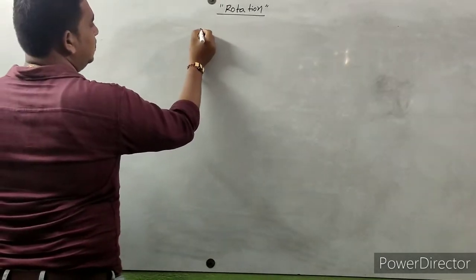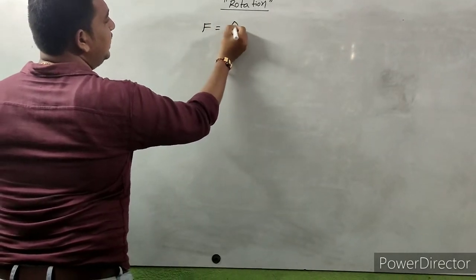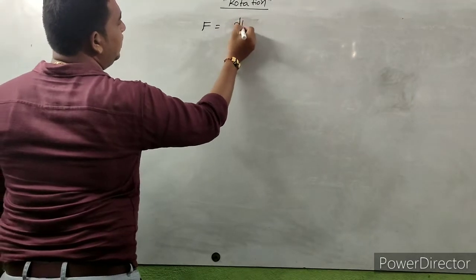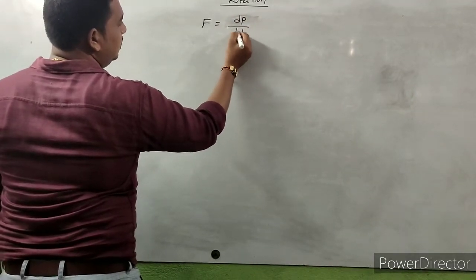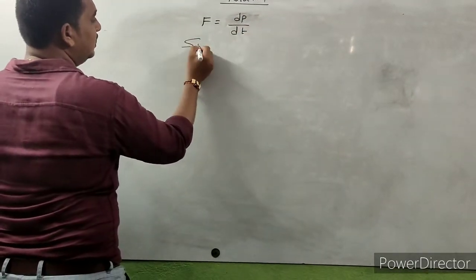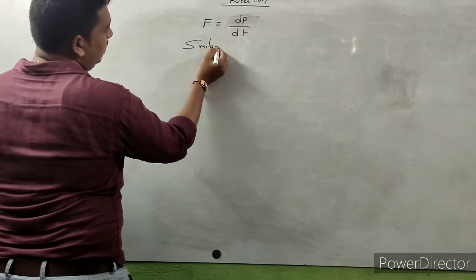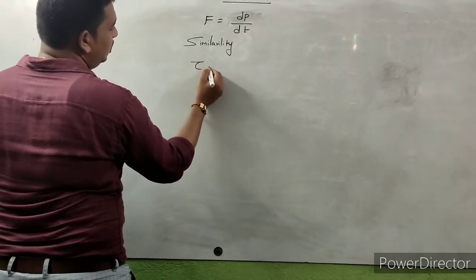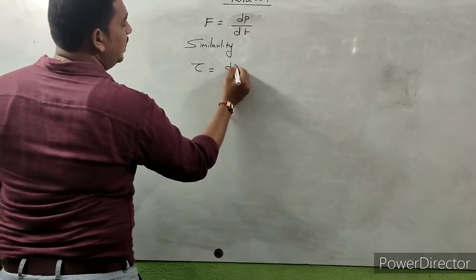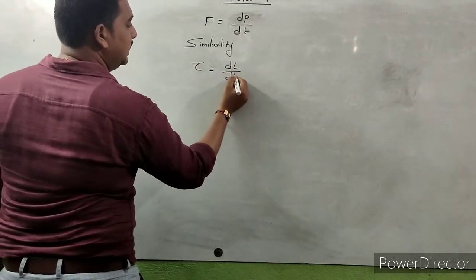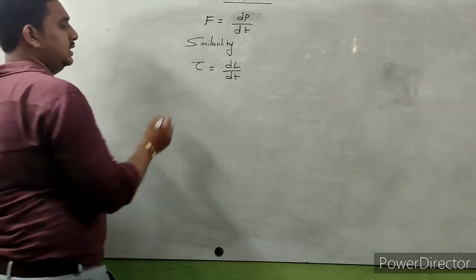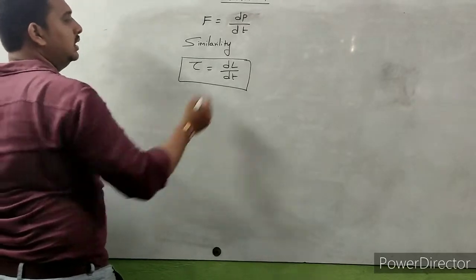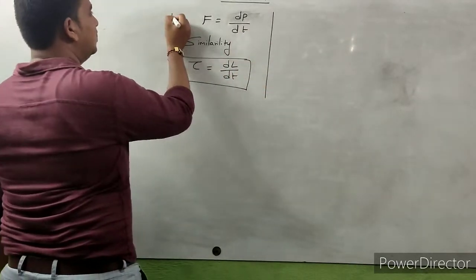We know that force F is equal to dP by dt. Similarly, torque tau is equal to dL by dt. So this is one formula.